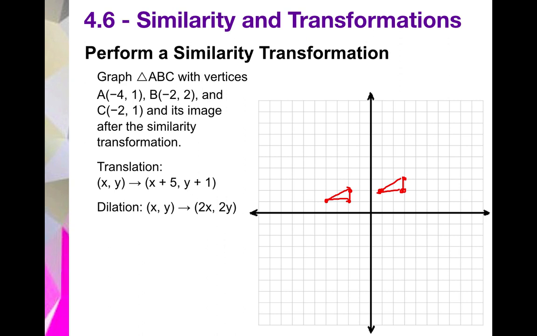And then a dilation, we're going to make it 2 times this. So 2 times for A is going to put it out here. I'm going to use a different color here. This is 3 and 3, so it's going to be 6 and 6.